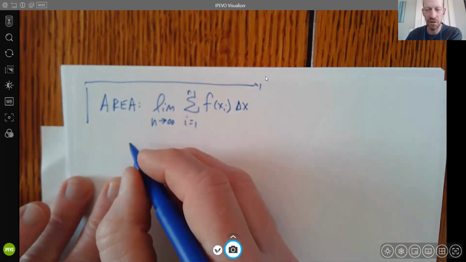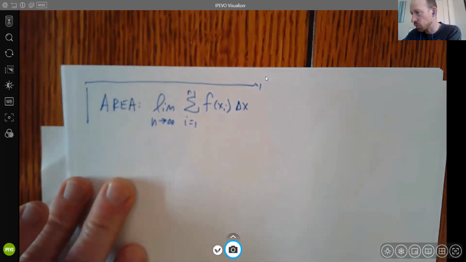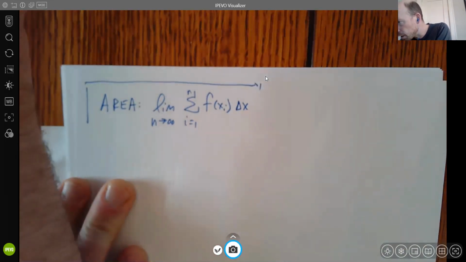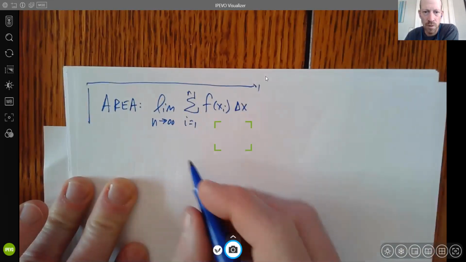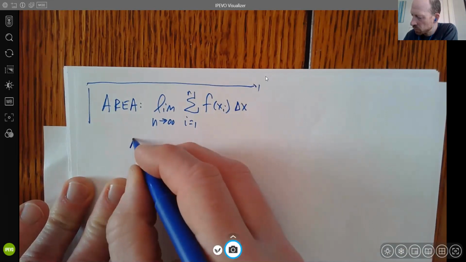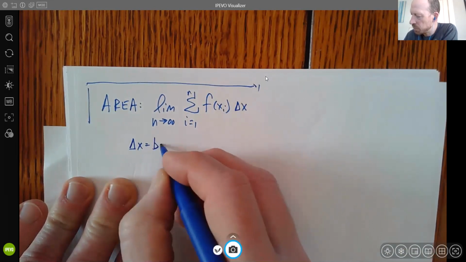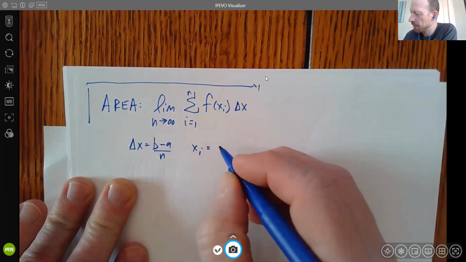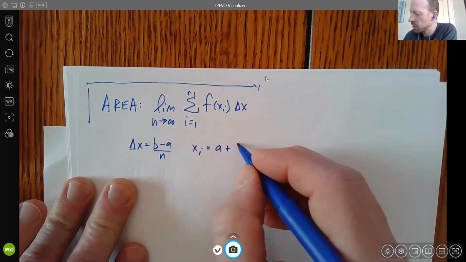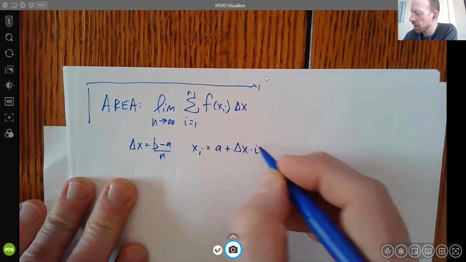And I'll write it in here again just because it's worth writing it in here. Delta x is b minus a over n, and x sub i is a plus delta x times i.